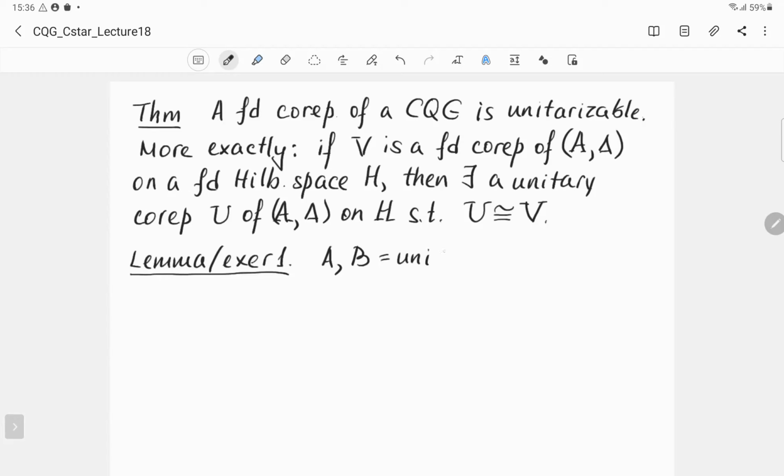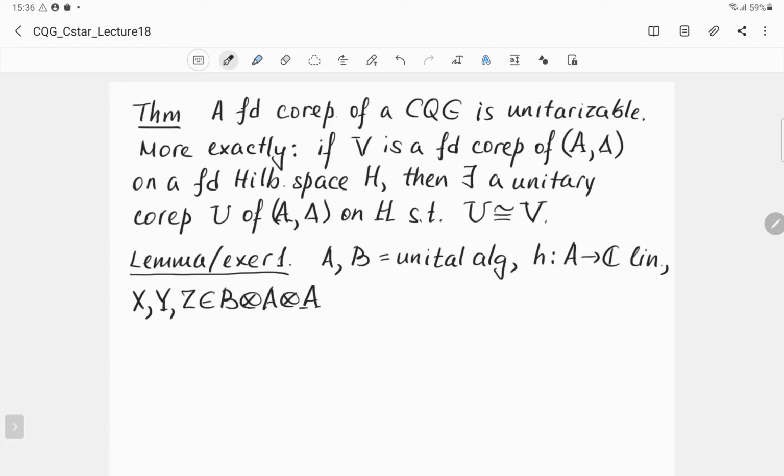It holds for arbitrary unital algebras A and B. And suppose that we have a linear functional H on A, and we have three elements X, Y, and Z in the tensor product B tensor A tensor A. Then the following equality holds. 1 tensor H tensor 1 applied to x1 3, y1 2, and z1 3, and this is equal to the product of x.